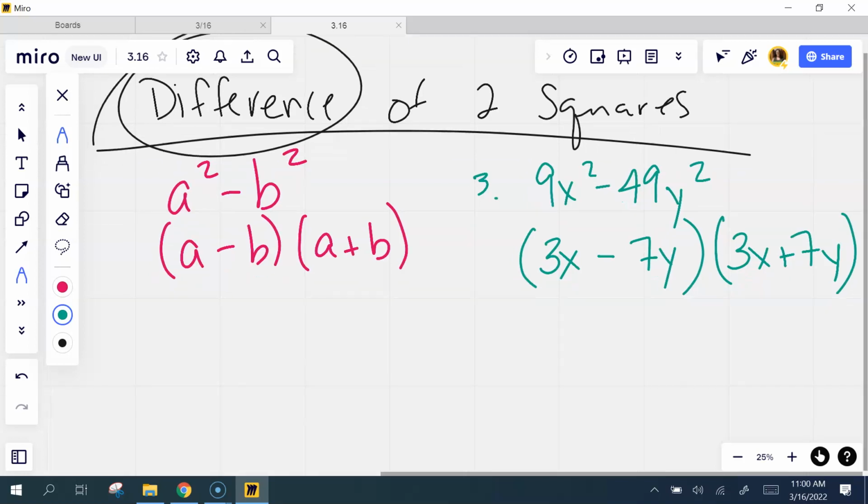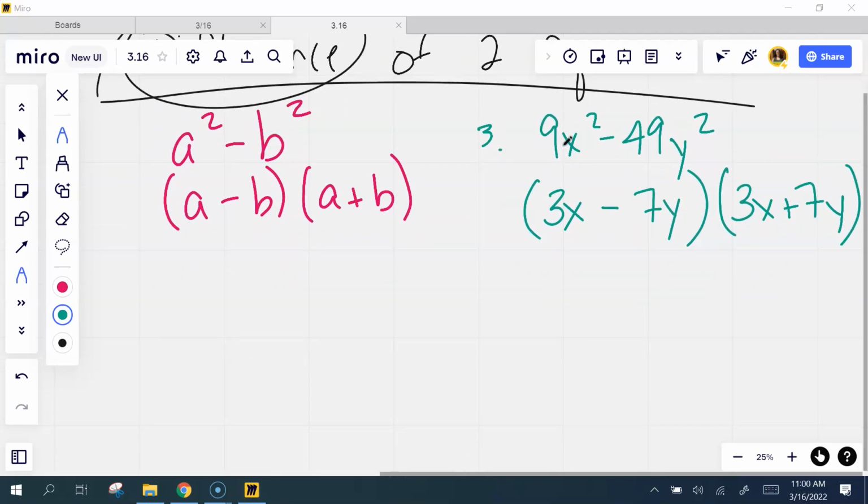Let's do number 5 together. Now 5 is listed under difference of 2 squares, but these do not look like perfect squares at all to me.